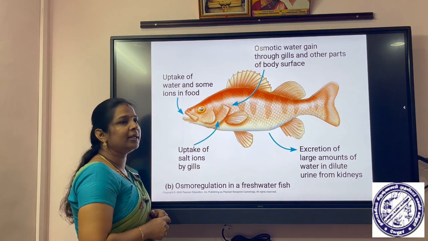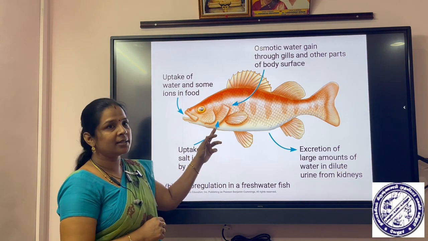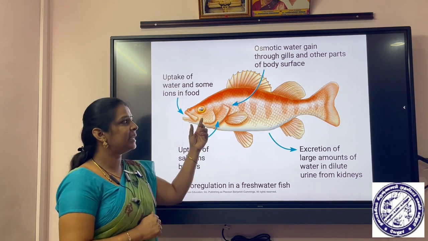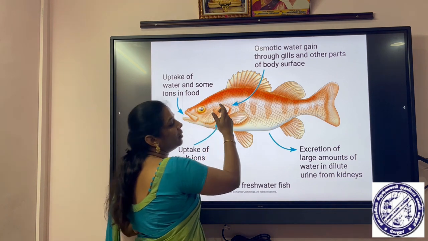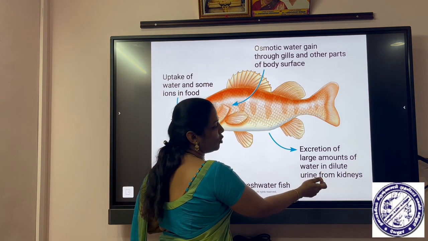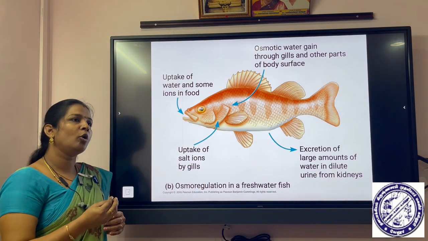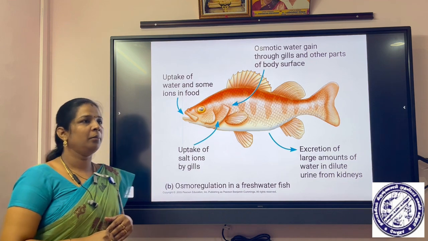In order to avoid that salt loss, there are special cells, the chloride cells, which absorb the salt. So it will excrete a very dilute quantity of urine, and only a trace or negligible amount of salt will be expelled out to the medium.